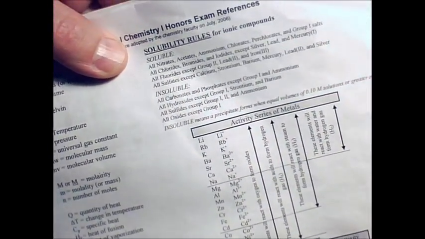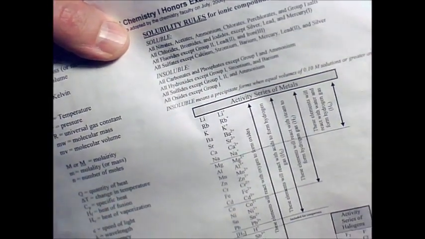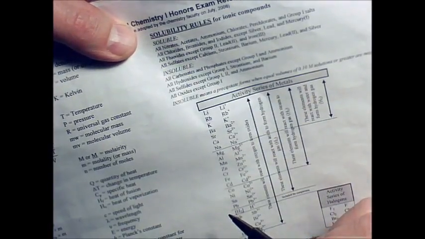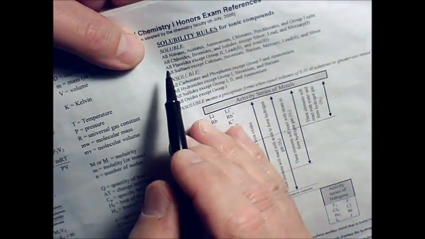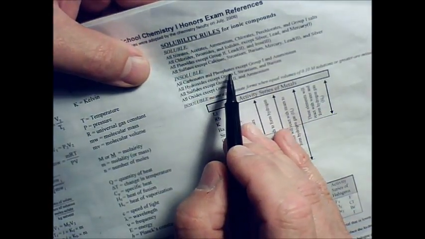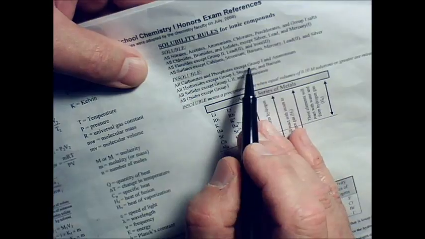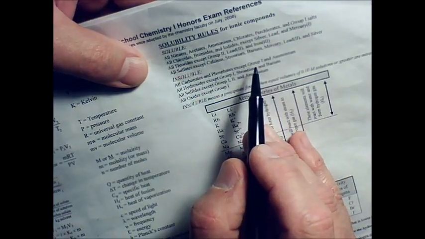Okay, where on the solubility rules do you find some part of this formula? No, the activity series is not for this kind of thing. Okay. Well, it says that phosphates are insoluble, except, well, where's group 1?